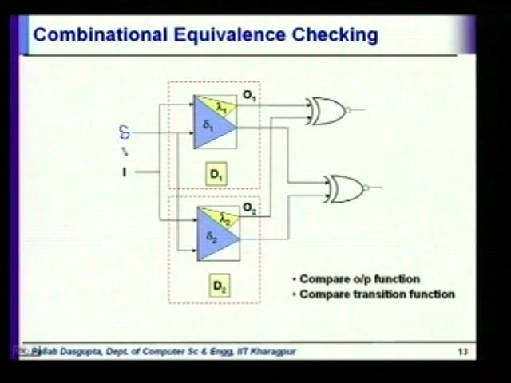So, for all states and for all inputs, the same outputs and the same next state should be produced: the output should match and the next state function should match. That is what we try to do. Is this part clear?